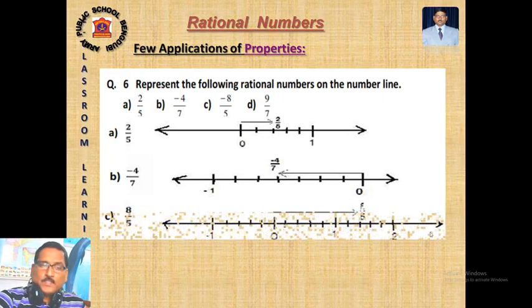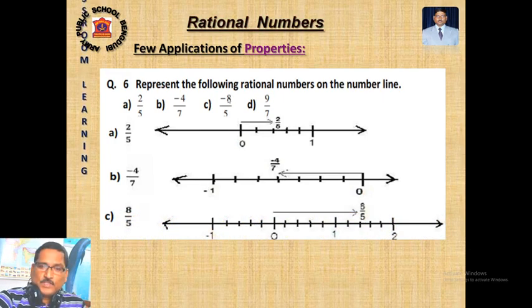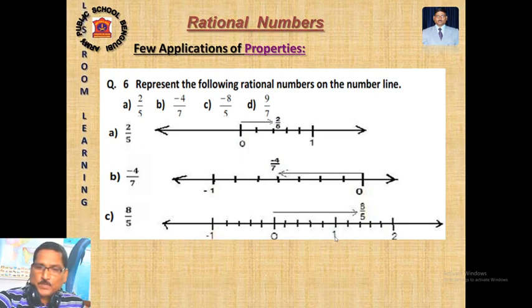Clear? Next is 8 by 5. Earlier actually it was minus 8, I have taken positive 8. No matter. From whole number 0 to 1, what is the denominator? 5. You have to make small 5 divisions. Then positive 1, and another 5 divisions, then whole number 2.